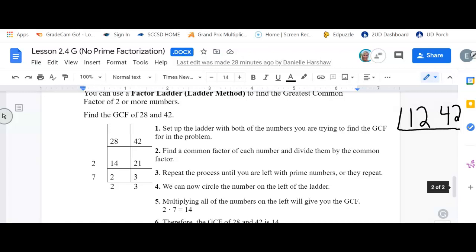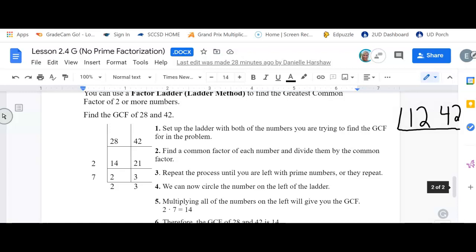List 12 and 42, the two numbers that we are comparing. Put what looks like a step in a ladder, or a long L. Then we say, what can we divide out of both 12 and 42? What's the number that we can divide out of both of those?